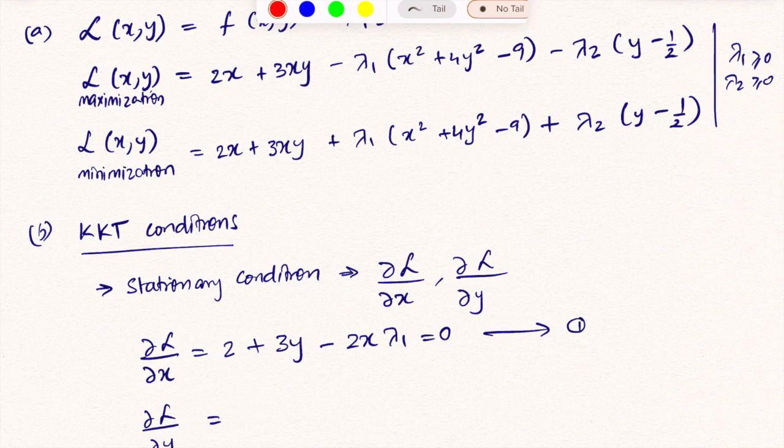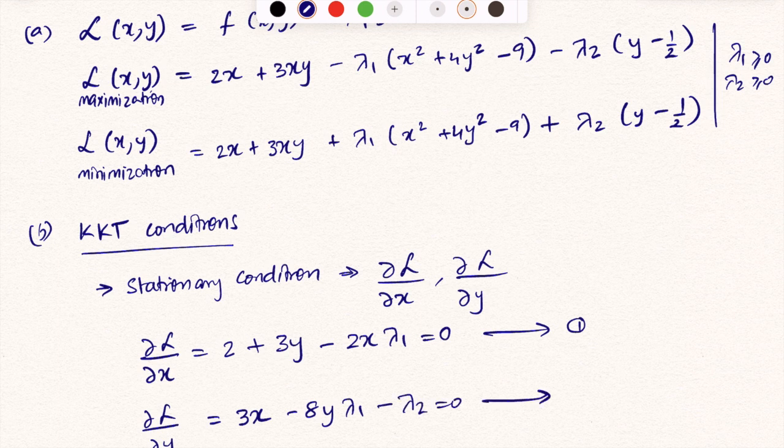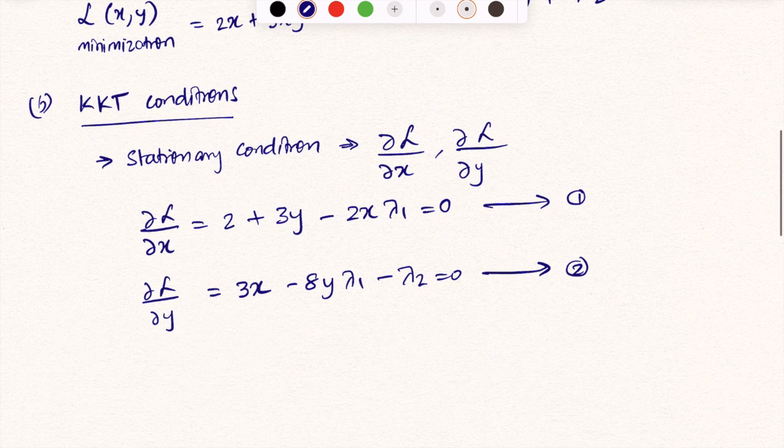So writing that out, we end up with 3x minus 8y lambda 1 minus lambda 2 equal to 0. That's our equation 2. So that's the stationary condition taken care of.